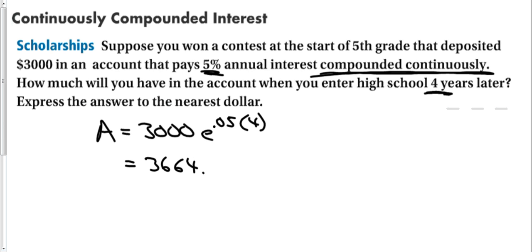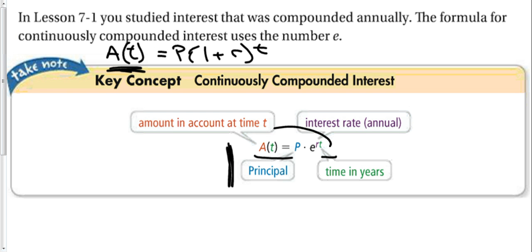I don't remember. I think 20 cents. Anytime you see a function with interest compounded continuously, use this formula. And that's it for 7-2.